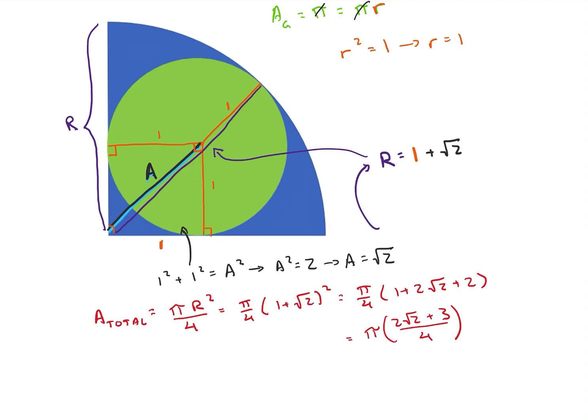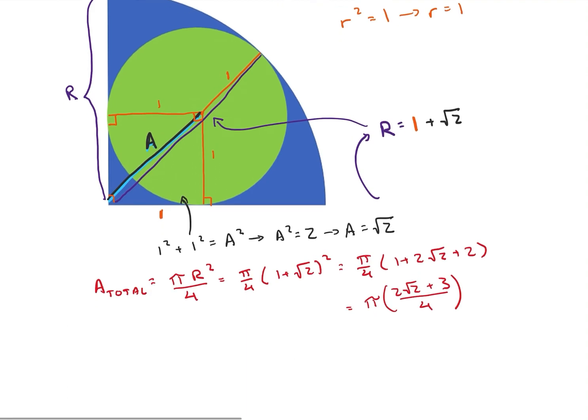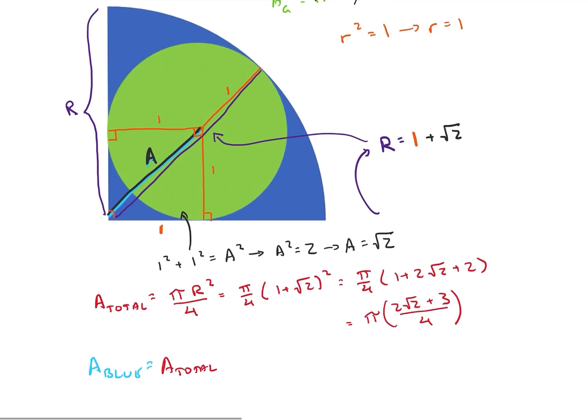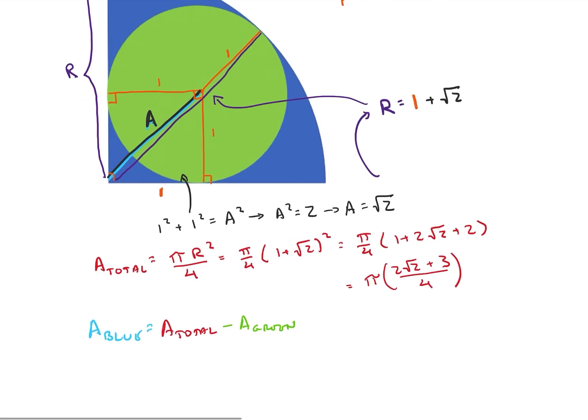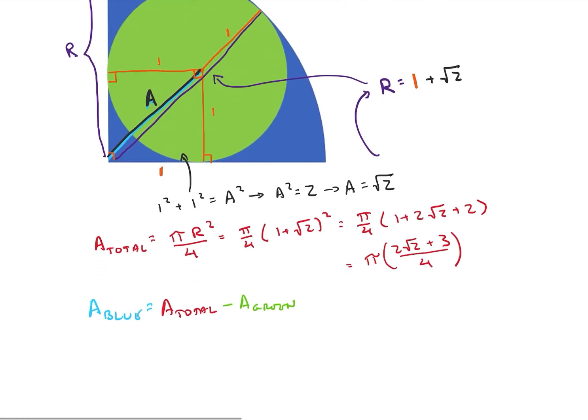We know that the area of the blue, A blue, is going to be equal to that area total minus the area of the green region. All we need to do now is put these together. So this is equal to pi times (2 root 2 plus 3) divided by 4, minus pi.